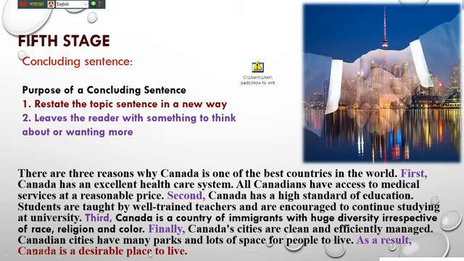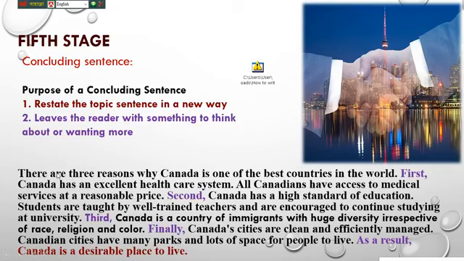Canadian cities have many parks and lots of space for people to live. And finally, the concluding line is, as a result, Canada is a desirable place to live. Why is Canada a desirable place to live? Because it has these criteria, these options.